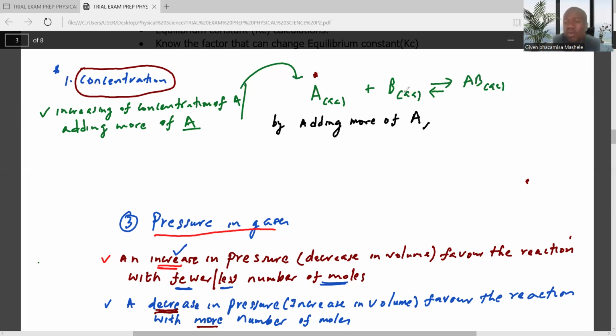By adding more of A, it will use more of B, which is true. Remember, A is reacting with B. So if we add more of A, then this A will end up using more of the B. And as a result, what's going to happen?